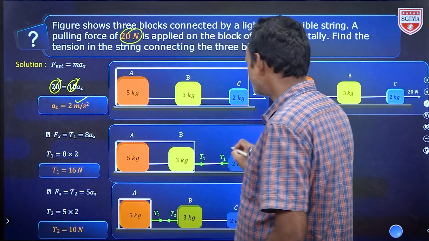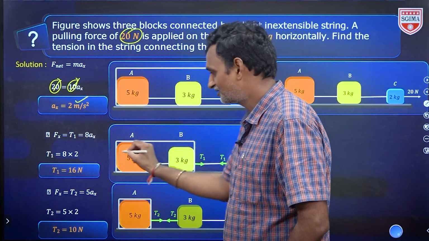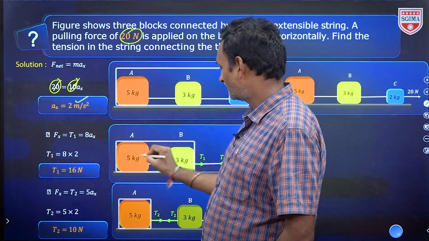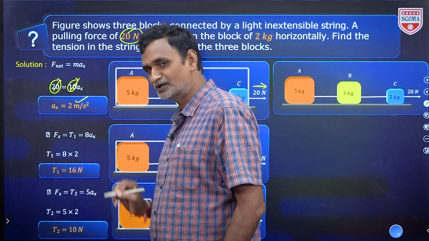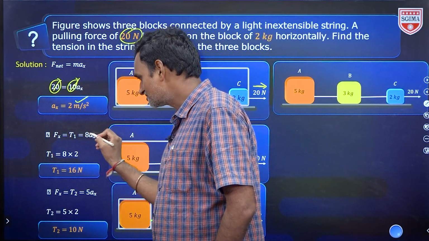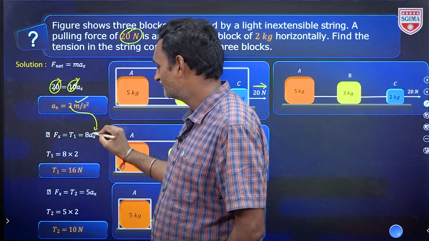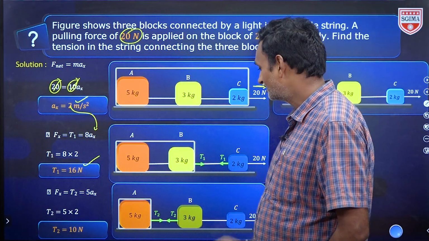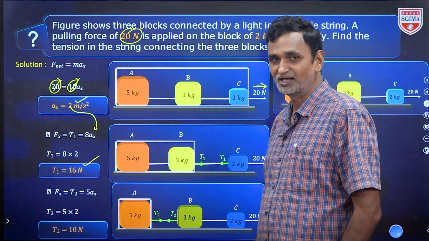So the right side force on this 2 block system is T1, and left side no force because it is placed on smooth surface. So what is the mass? 5 plus 3, 8 kg. 8 kg is being pulled by T1. You can see T1 equals to 8 into A. We already got the A value here, 8 into 2, 16. We get 16 newtons in the string which is connected between 3 and 2 kg block.